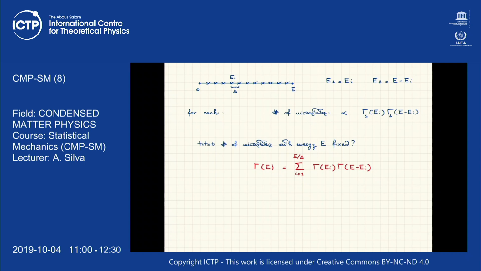Okay? That's it. Now, I don't have just one of these guys. The reason is that I have multiple possibilities to satisfy the constraint of having a global total energy constant. Okay?